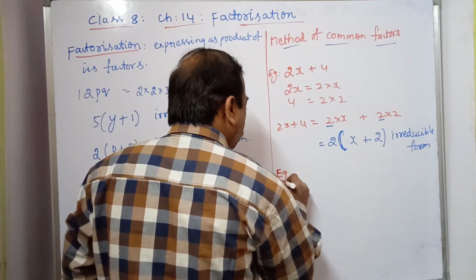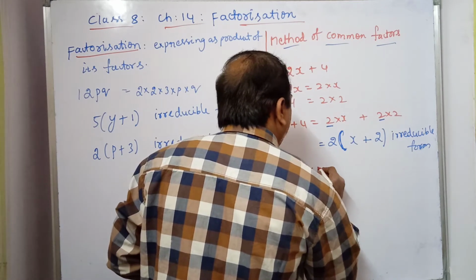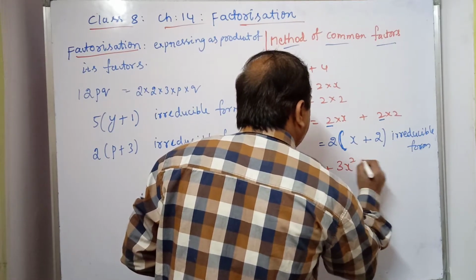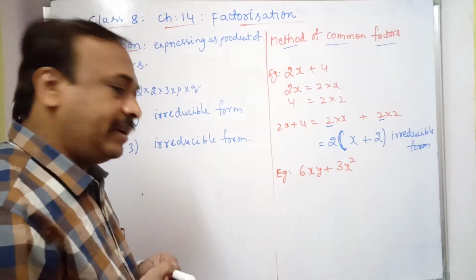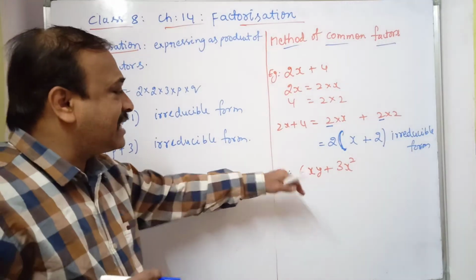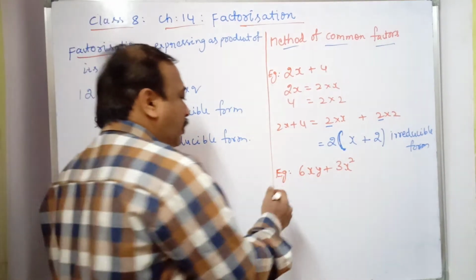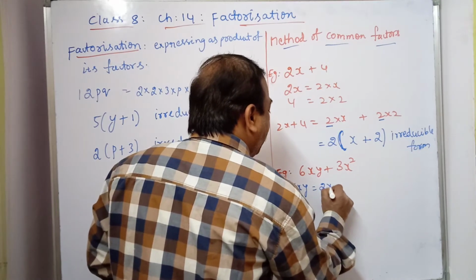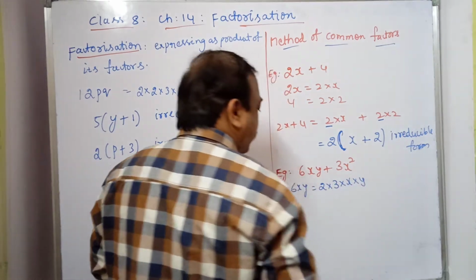Example: 6xy plus 3x square. You observe it. Here 6 can be expressed as 2 into 3, right? So 6xy is equal to 2 into 3 into x into y.